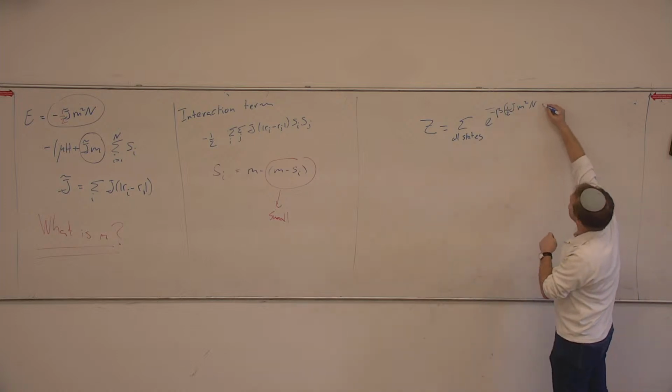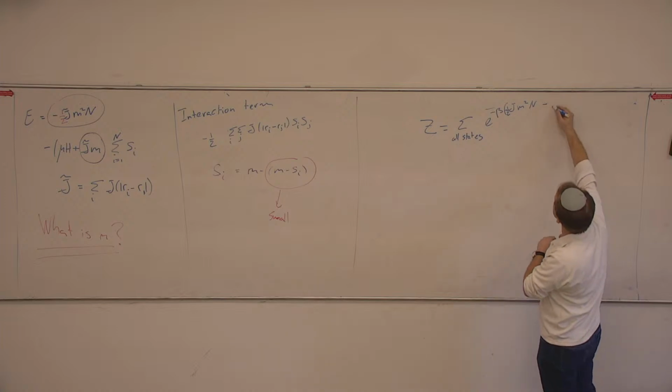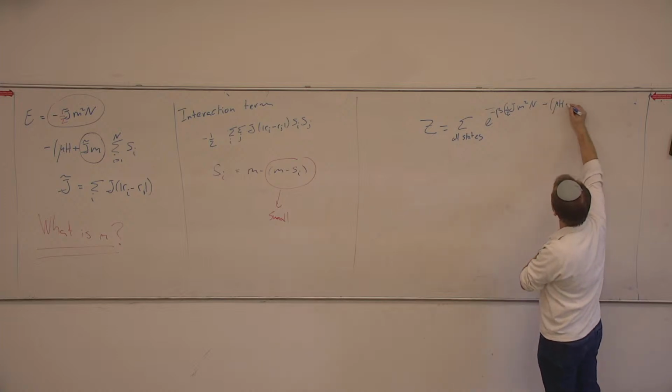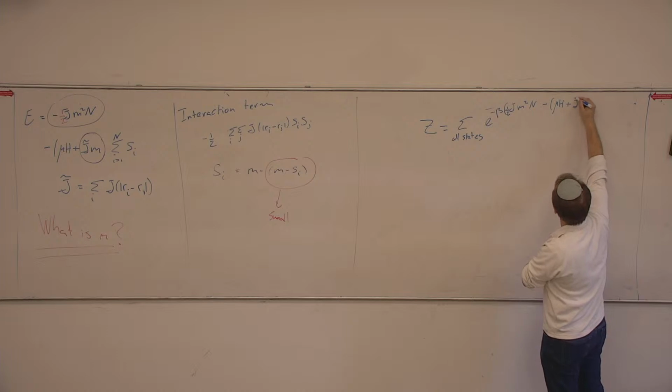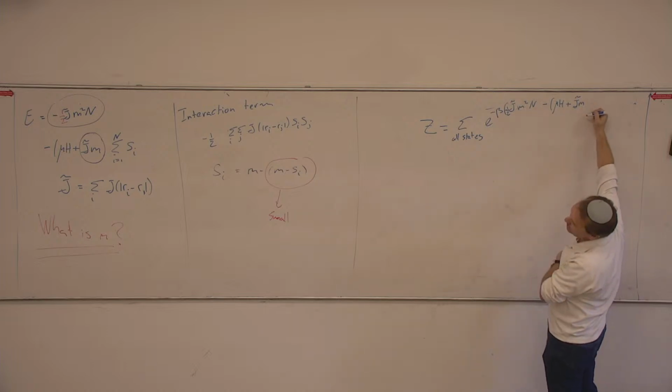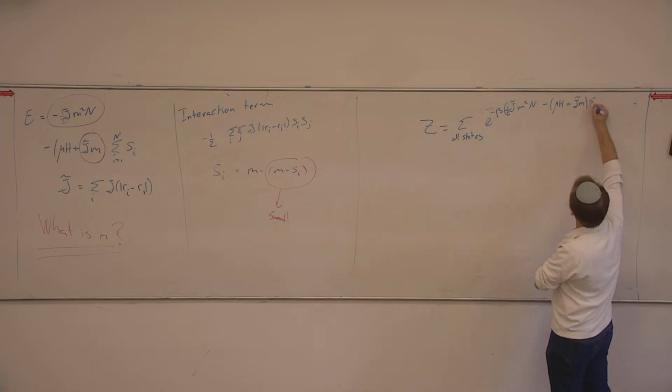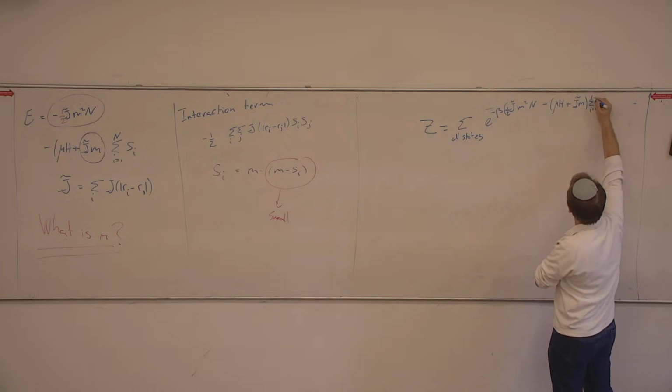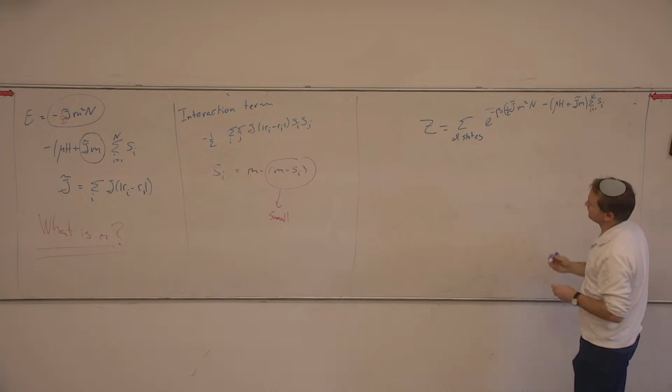Minus, and also we have minus mu h plus J tilde M, the sum i goes from 1 to N over S_i.